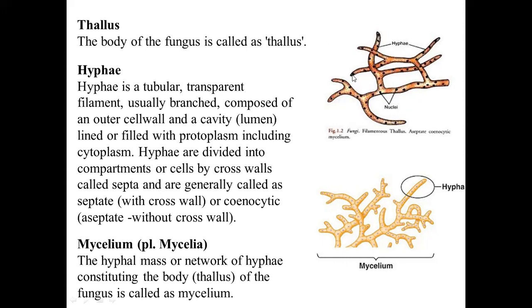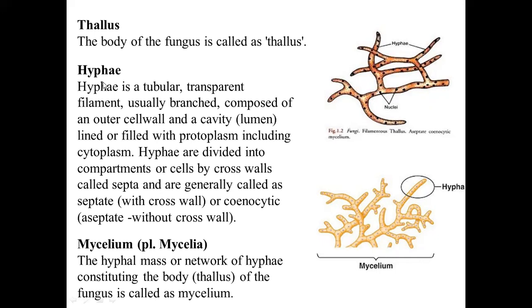And the complete structure is known to be the thallus, that is the filamentous thallus. You can see the fungi filamentous thallus, a coenocytic mycelium. So a complete structure is known as the thallus of the fungus, and this is a single cell, and there is no septation, so it is known to be the filamentous thallus.